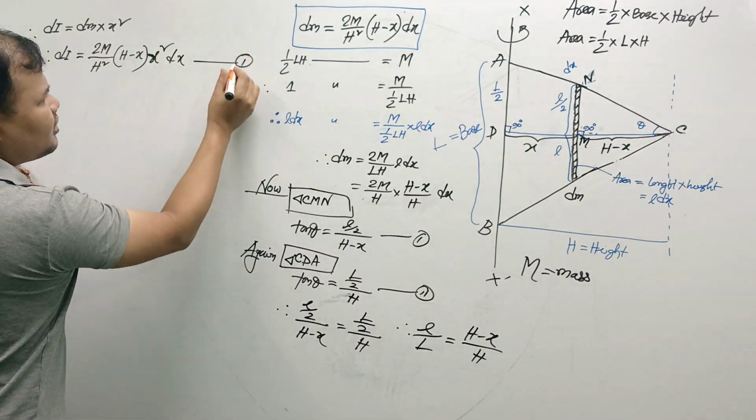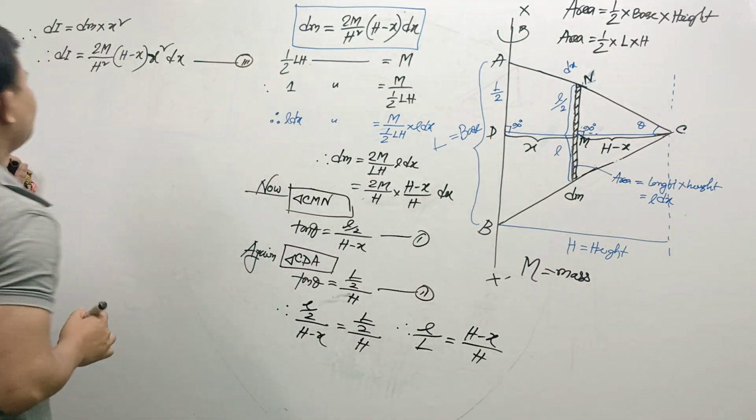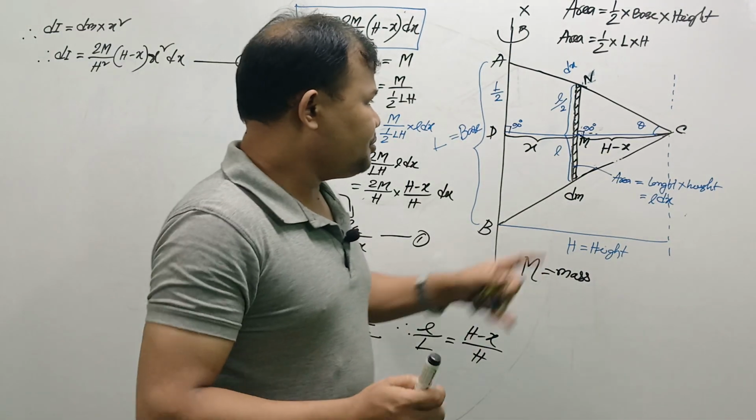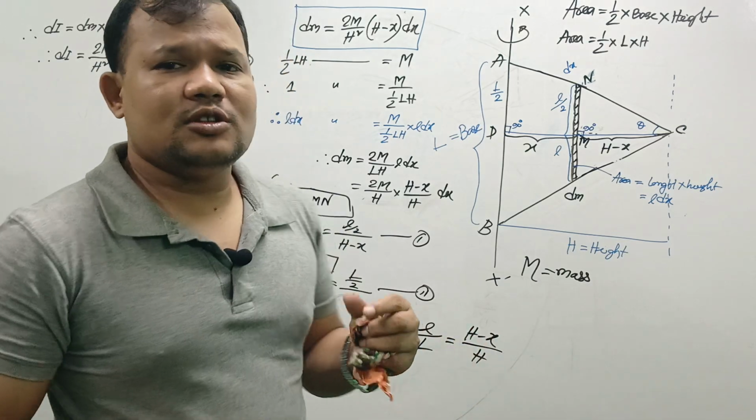This is equation 3, the final equation. This equation represents the moment of inertia for this small section.